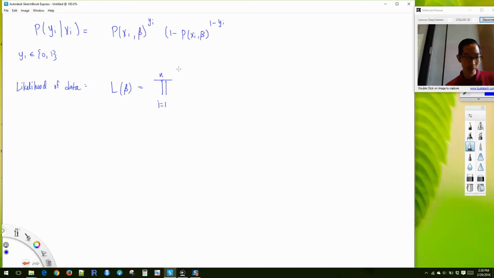Oh man, this is too much. Look at this, I'm going to cheat. Then the log likelihood: we turn all of this into a summation.